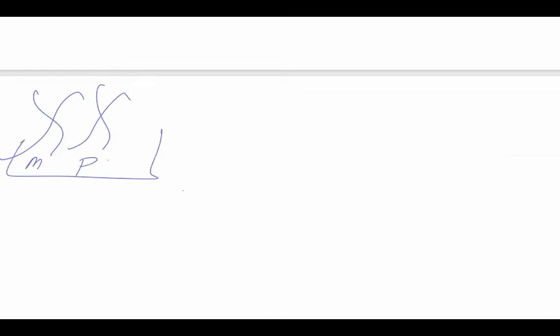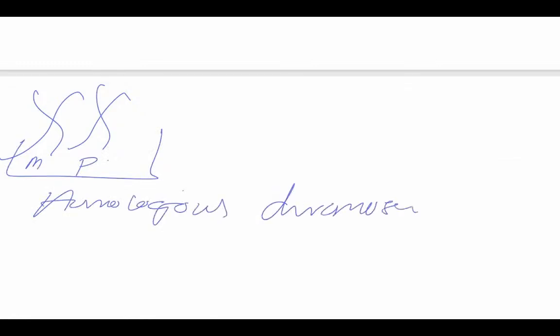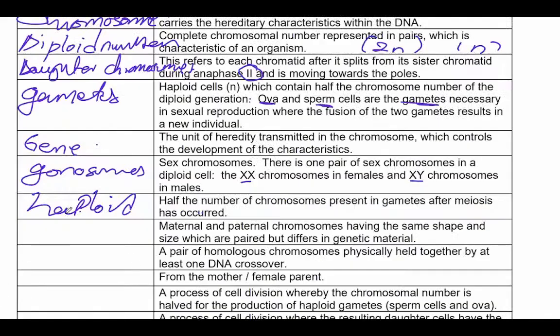How do you call this? Homologous chromosomes. Yes, basically, that's it. So when they ask you that, the answer becomes homologous chromosomes.